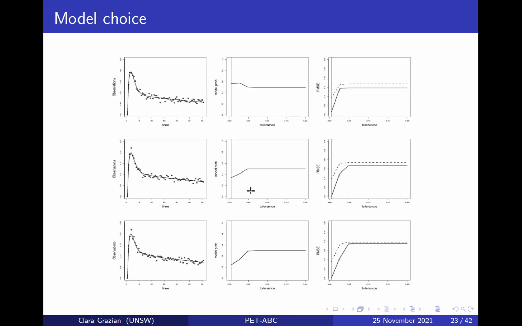And interestingly, in the mixture case, the posterior probability of the one tissue compartment model is around 0.30, which is the weight of the one tissue compartment model in the model from which we simulated the data. So we also have an automatic way to perform model selection.